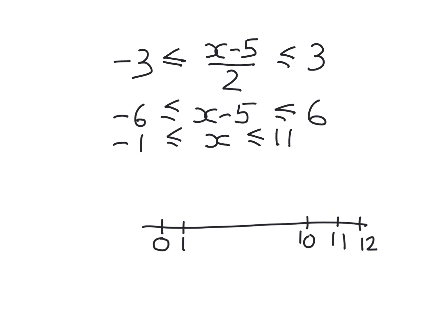No point writing in all of them. So we want to include -1. We want to include 11. Okay, I'm doing shaded circles here because I'm including each of those values. So it's any values between them, we just go like that. There are still infinitely many solutions to the original inequality, but here they are bounded between -1 and 11 and don't go on forever.